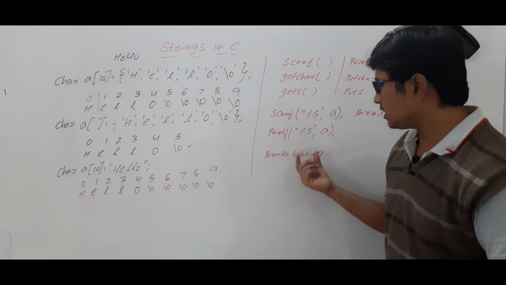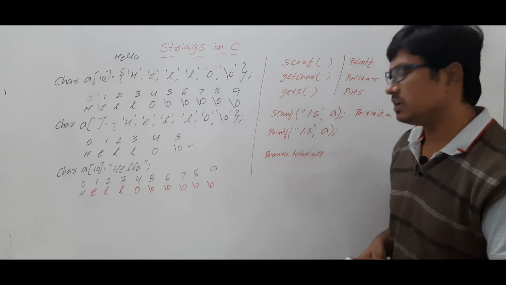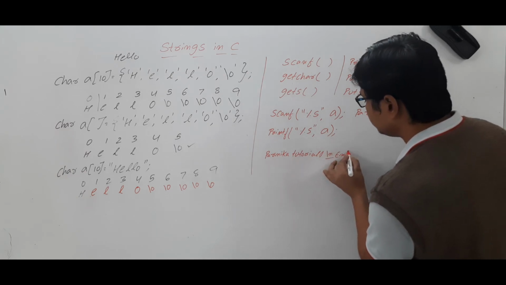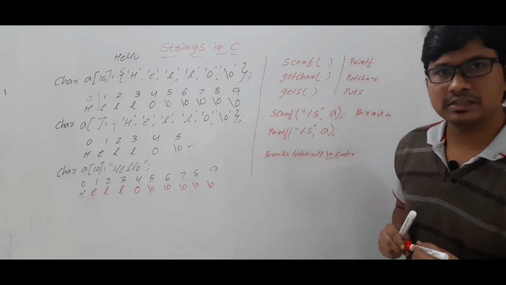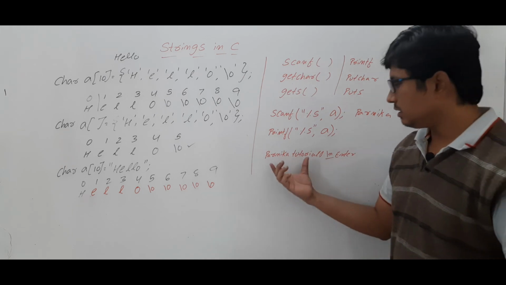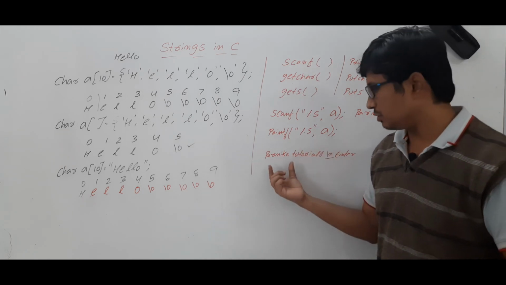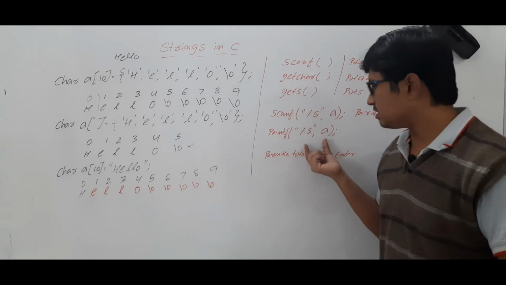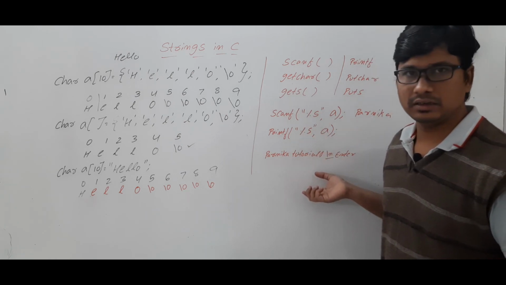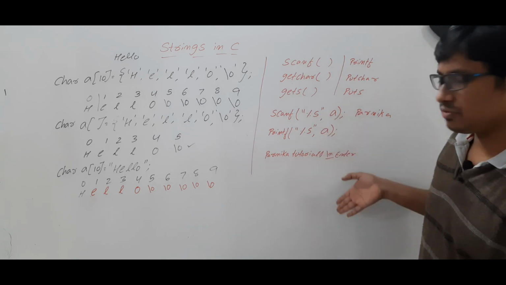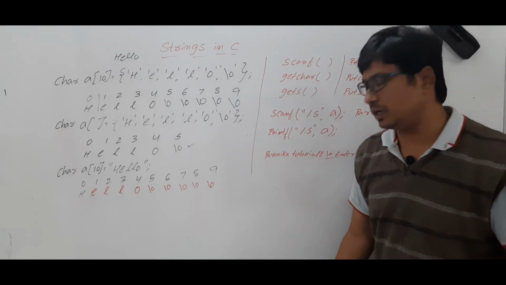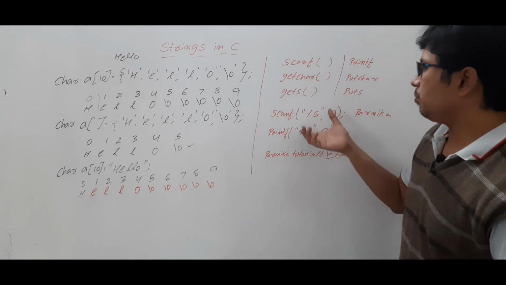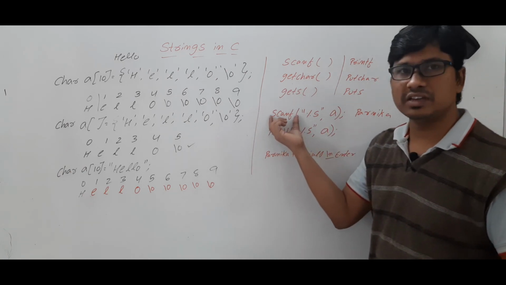Now you can ask me what is the termination for this one. This termination will be \n or enter. If you press a \n or enter, till that one it will display the output for you. Are you able to understand? Whereas the termination for scanf is space and for printf it is the enter. Okay, enter or \n, because if you press the \n also it will go to the new line, or if you press the enter also it will go to the new line. So I hope you have understood the limitation of the scanf.